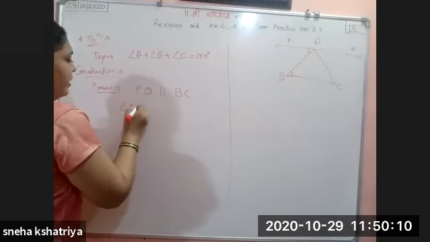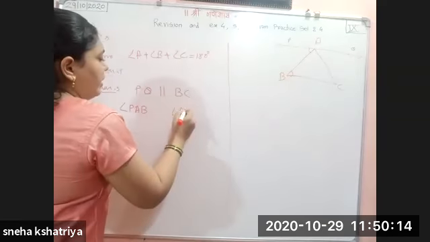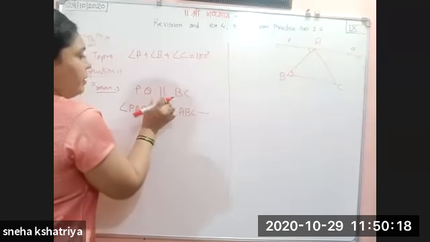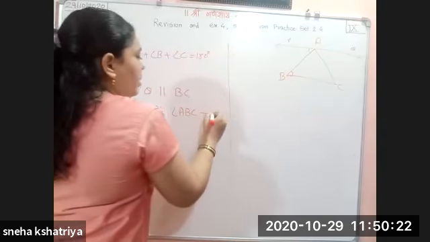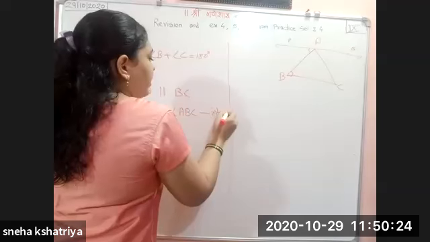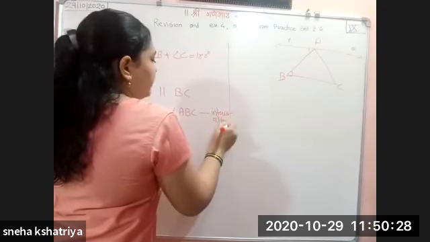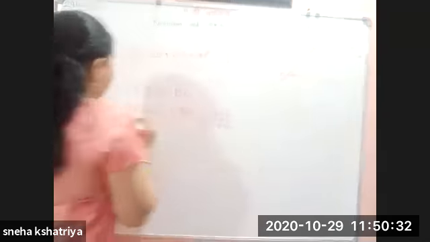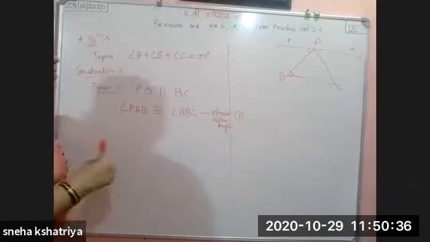Angle PAB and angle ABC become congruent because PQ is parallel to BC. Write down equation 1. This one was equation 1.